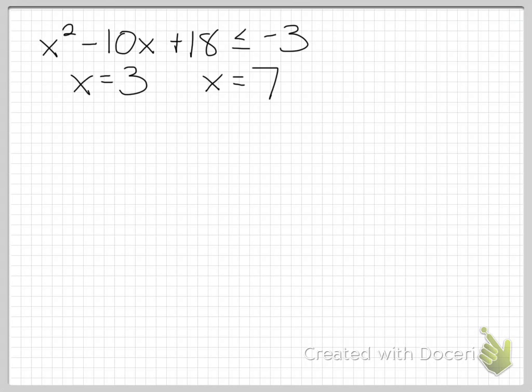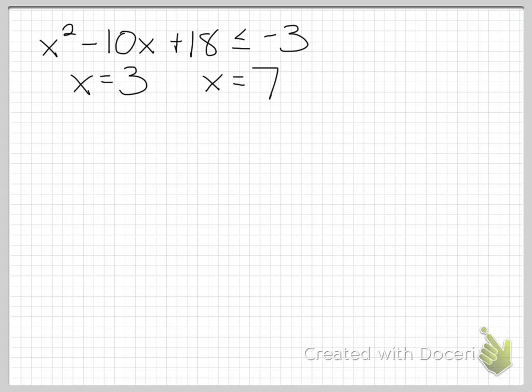So I'm going to choose any number that is less than the least factor, x equals 3, any number that is greater than the greatest factor, x equals 7, and also one value that would be in between the two. Depending on which one gives me a true solution, that will tell me where the intervals will lie in order to be considered a solution for this inequality. I'm going to start with a number that is less than the least factor, which would be less than 3.